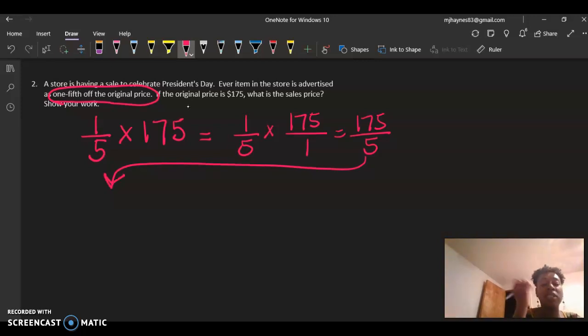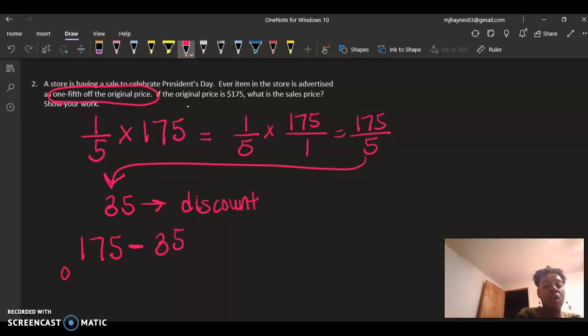175 divided by 5 is 35. So this represents the discount, because remember it's 1/5 of it off. So I'm going to take off 1/5. So this would be 175 minus 35.